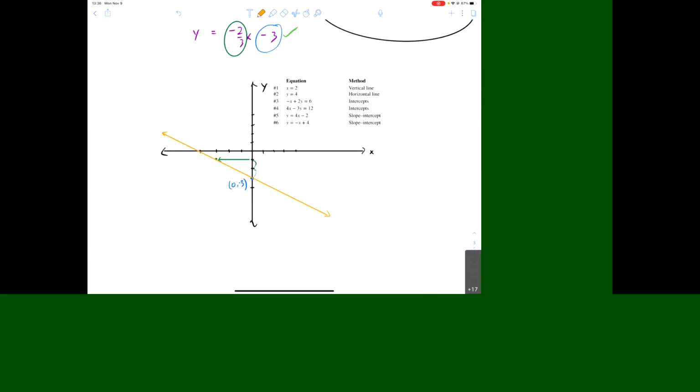What's the easiest method? For the first 2 equations, the textbook discusses that those are lines you can graph right away. You can even plot a point or two just to ensure that you're going in the right direction. Numbers 3 and 4 are in a form that will accept intercepts.